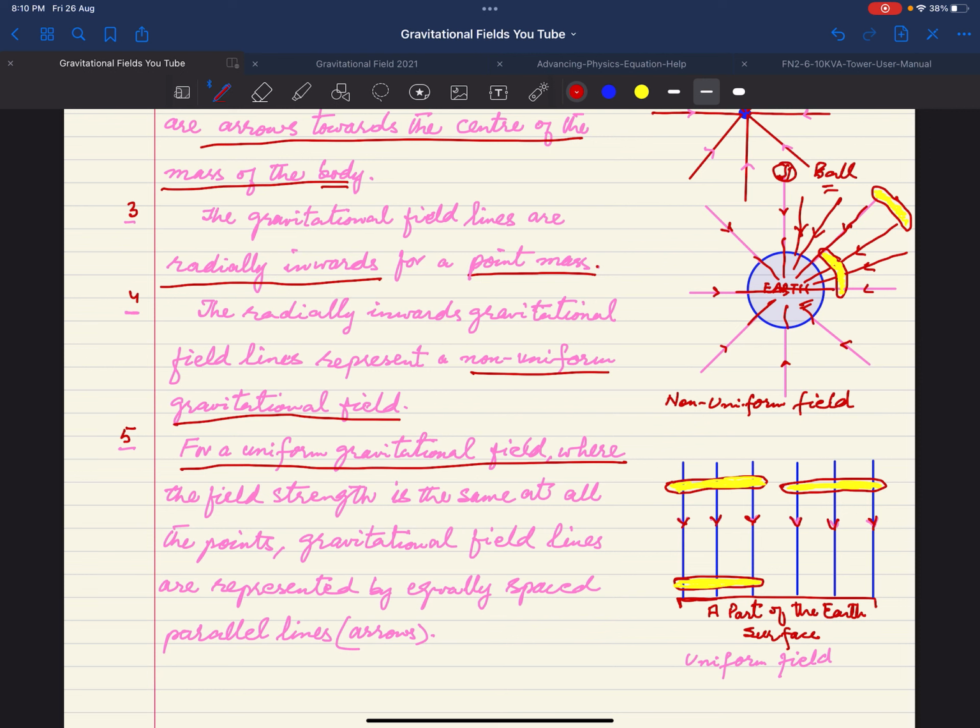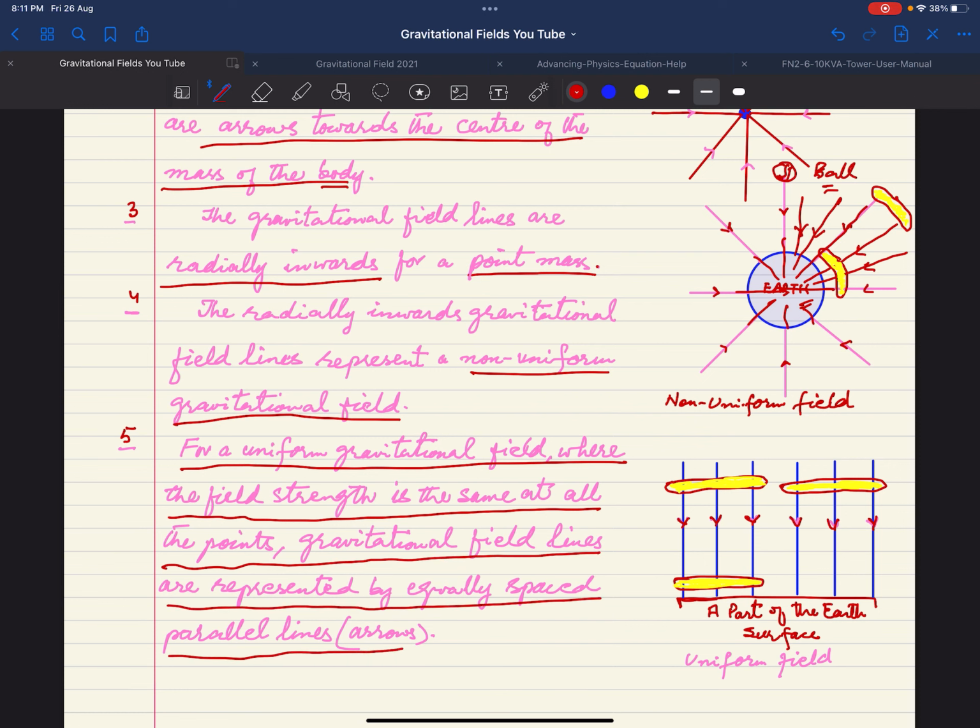For a uniform gravitational field, where the field strength is the same at all points, gravitational field lines are represented by equally spaced parallel lines, basically arrows. It is very important to understand that these arrows will be parallel when you consider the uniform gravitational field.